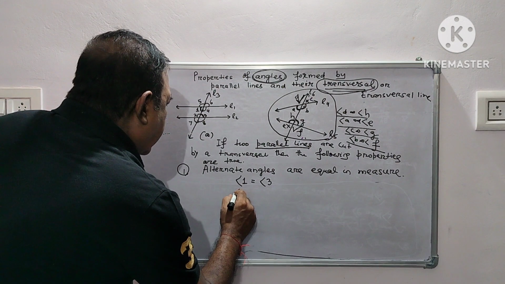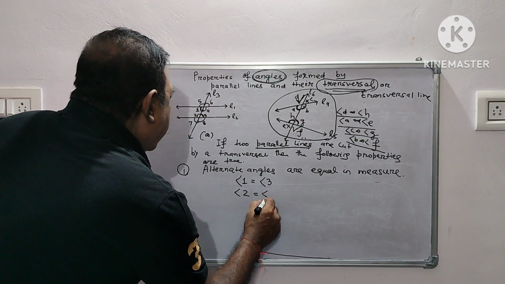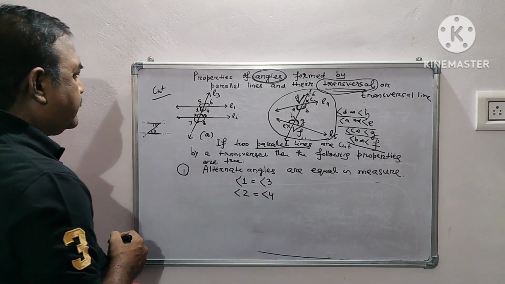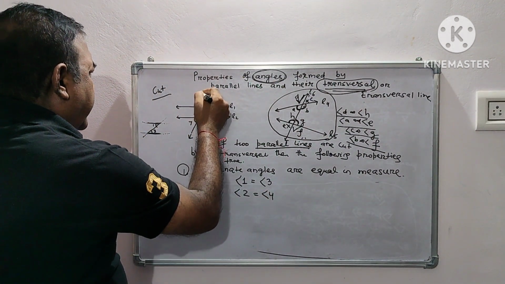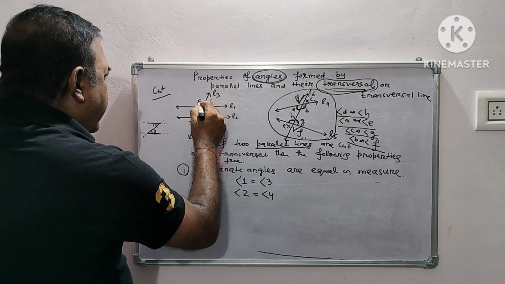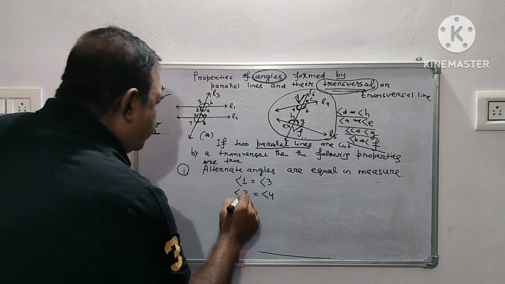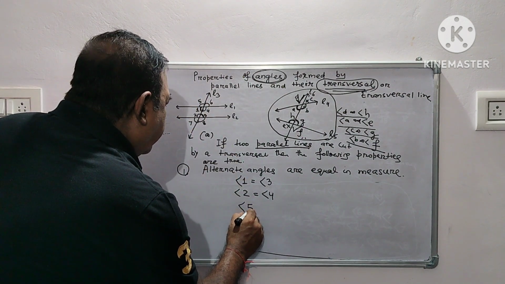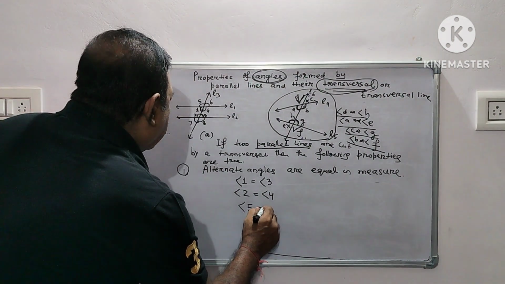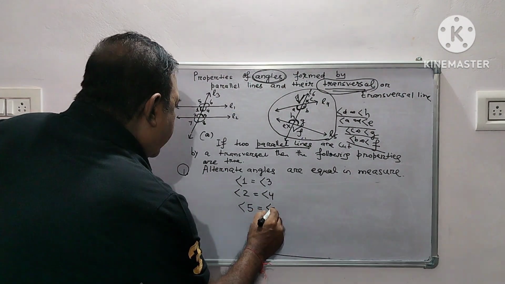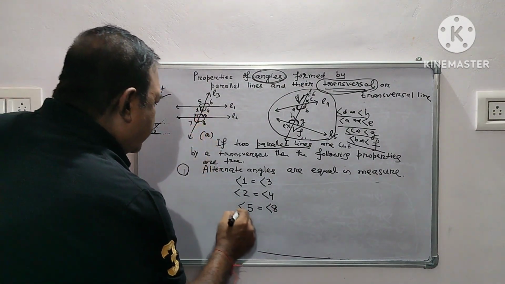Suppose angle 2. The measure of angle 2 is equal to the measure of angle 4. Then you will go to the exterior side. You see angle 5 and angle 8. This is one pair of alternate angles. So angle 5 measures equally with angle 8 and angle 6 with angle 7.